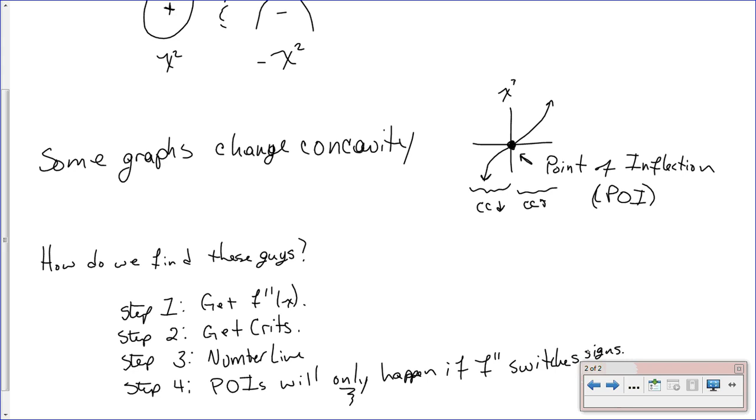Alright, let's look at an example. Here's our example. We have f of x equals x to the 4th minus 4x cubed, and we want to find the POIs, points of inflection.